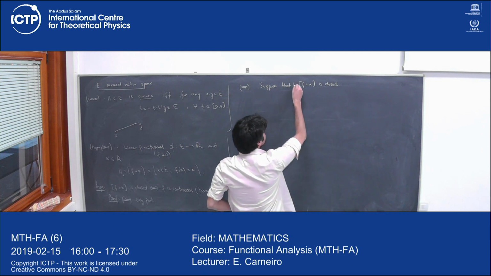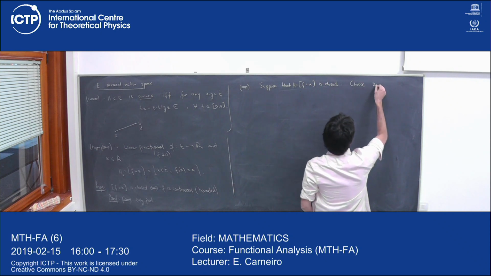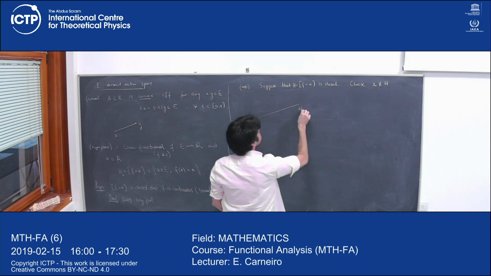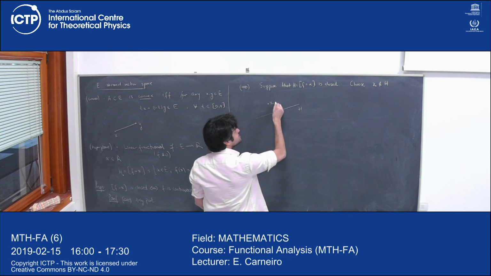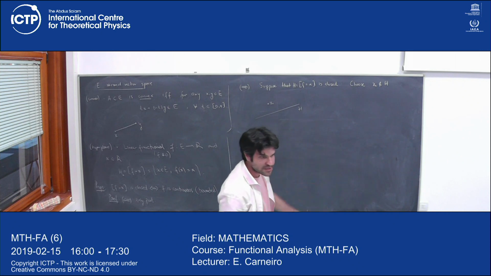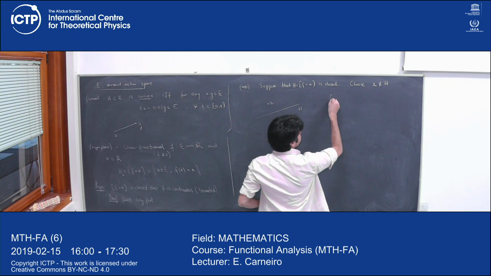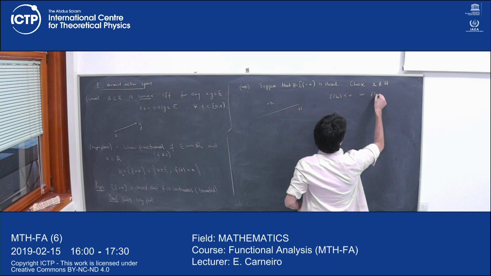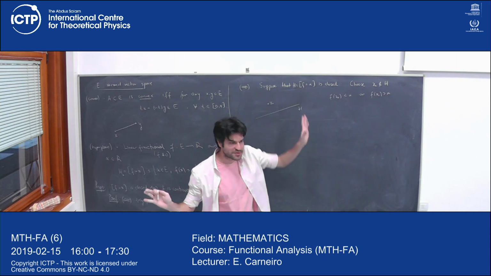So let's call this H. So choose a point x0 which does not belong to H. So you have here your hyperplane H, supposed to be closed, and you chose a point x0. Now, if x0 doesn't belong to this hyperplane H, it just has two options in life. Either the value of f of x0 is less than alpha, or f of x0 is bigger than alpha. Okay? It cannot be equal to alpha because that's H.